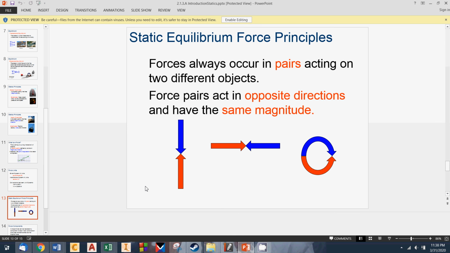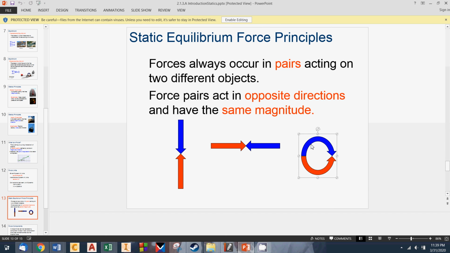All right, and like we said before, we can have forces on the object, it's just they have to be counteracted. So for example, if I have a downward force on an object, for it to be in static equilibrium, I have to have an equal upward force. Or if I have a leftward force on an object, I have to have an equal rightward force. And not only do forces have to be canceled out, but we also have to do this with moments.